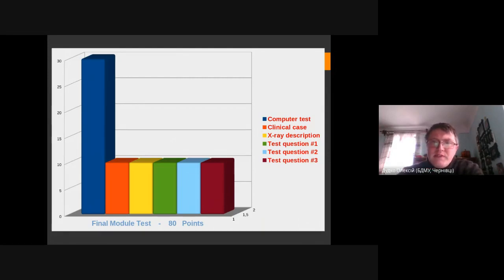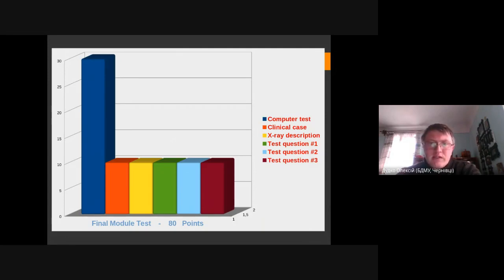You should describe these X-rays and make the diagnosis. Of course, for this, you need to know the bone anatomy, X-ray anatomy, and you should determine the type of fracture, its displacement, and if surgery was done, you should note which fixing device was used.